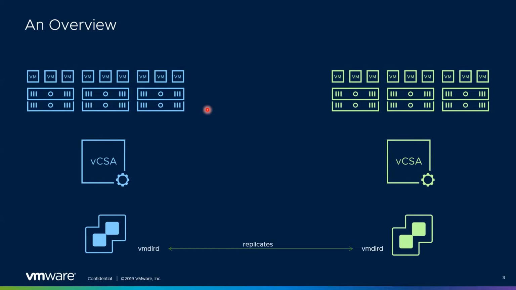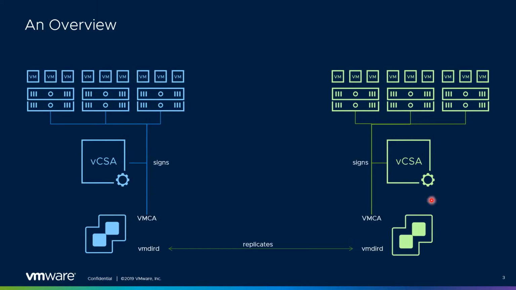I will show a few of these components later in this slide. As I already told, the platform services controller has a VMCA as well, so its own certificate authority. This initially signs the certificate of the vCenter, all the hosts that are managed by this vCenter, and all the internal solution users and so on.